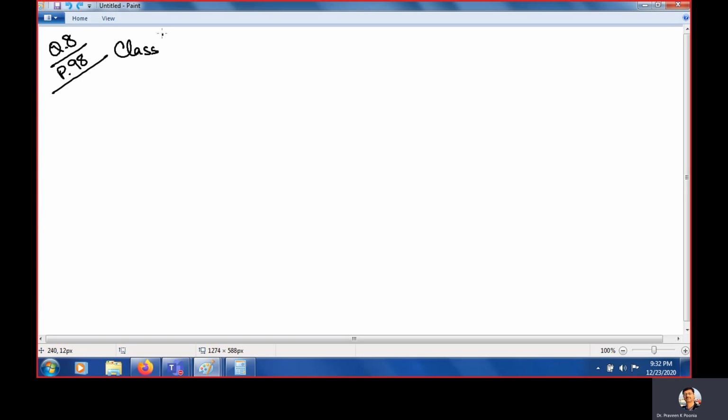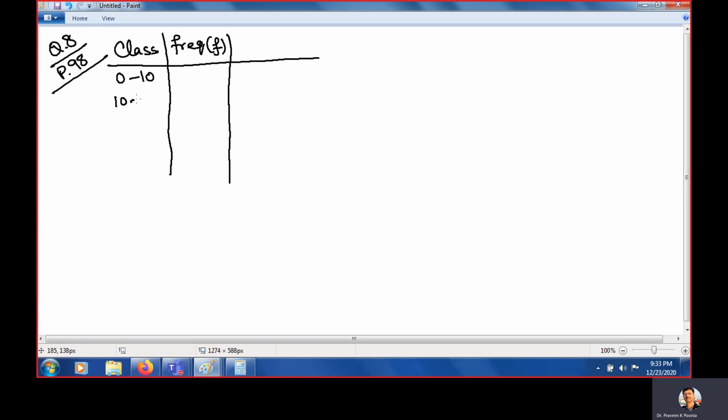We will take the straight line. After class is given frequency f, and then we will make a parallel line here. What are the classes? 0 to 10, 10 to 20, 20 to 30, 30 to 40, 40 to 50, 50 to 60, clear, and 60 to 70.